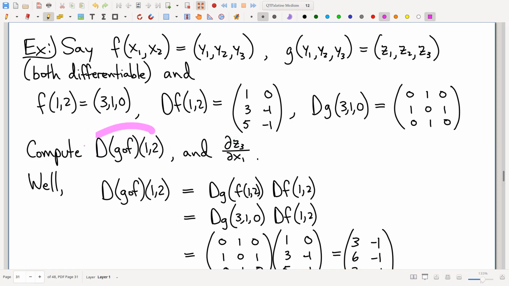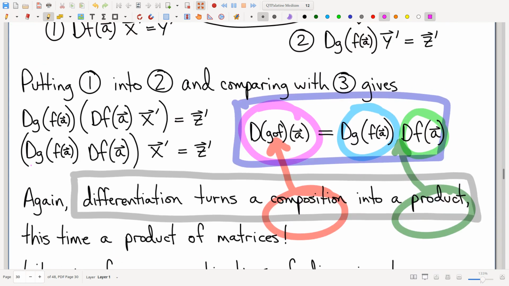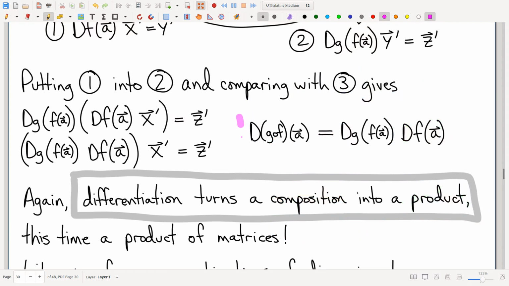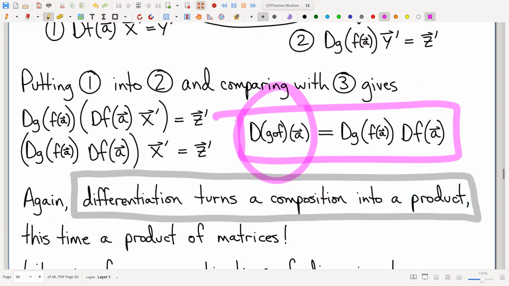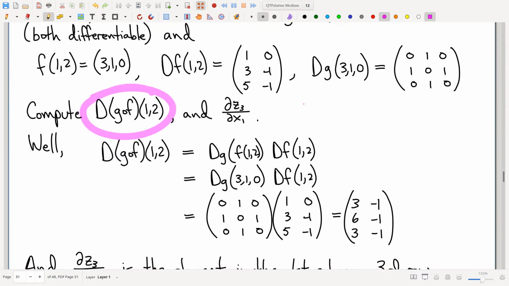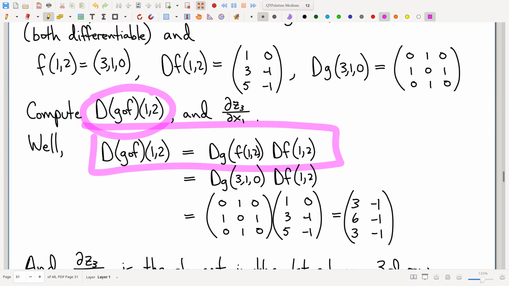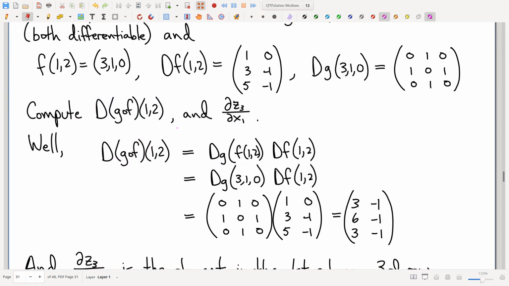Okay, so how do we compute the derivative of a composition? Well, we're just going to cite this formula right here. The derivative of a composition is the product of the two derivative matrices. And so here that is, right here. The derivative of a composition is the product of the individual derivatives. Okay, now there is a weird little thing here that deserves to be discussed.